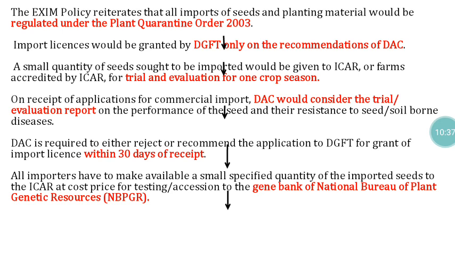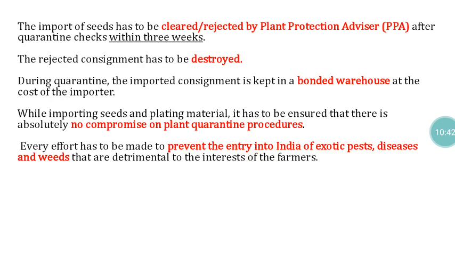That imported material should be put in quarantine. Until that quarantine period is over, the imported material consignment should be kept in a bonded warehouse at the cost of the importer. So the received material sample will be taken by the plant protection advisors.